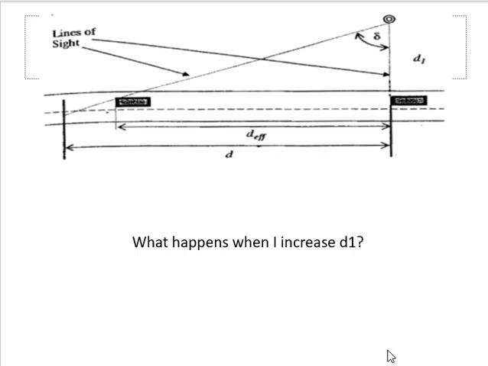So on this line of sight, when the car is here, it will seem to him that the car is at the end. So he is supposed to note the time for distance D, but he is actually noting down the time for D effective. This is called parallax error. But how to know? I will come to it. You got it? What is the error?